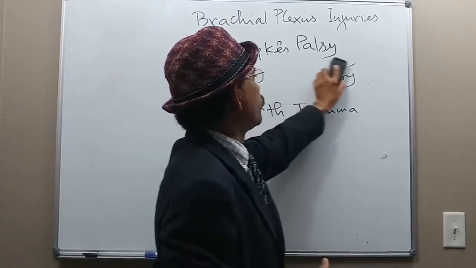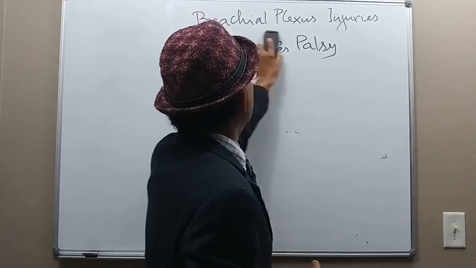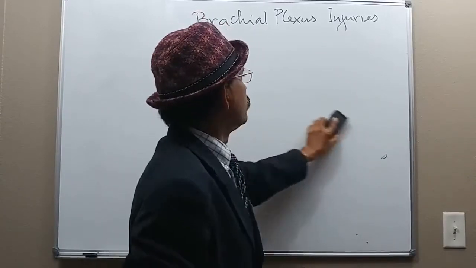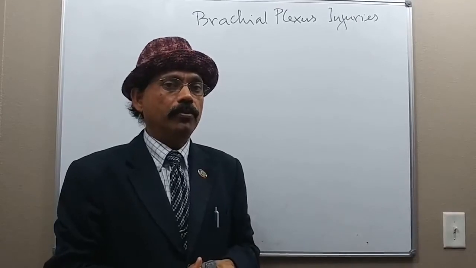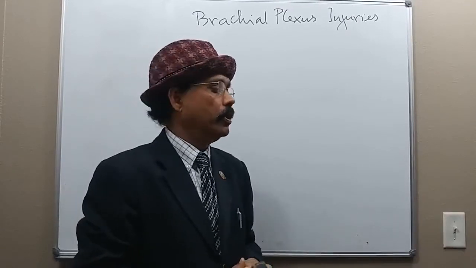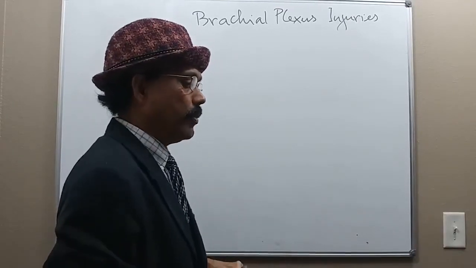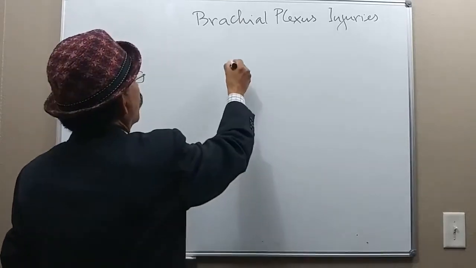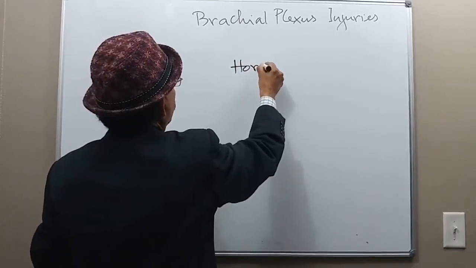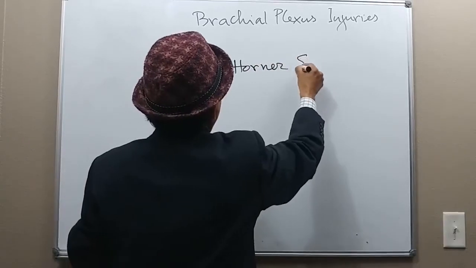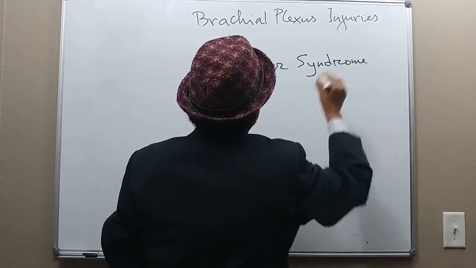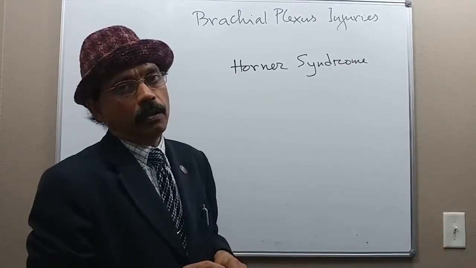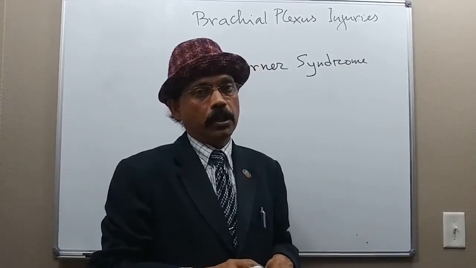Okay, so we got the brachial plexus injury, Erb-Duchenne paralysis, and Klumpke's paralysis. These paralysis may be associated with Horner syndrome. Especially in case of lower trunk palsy.